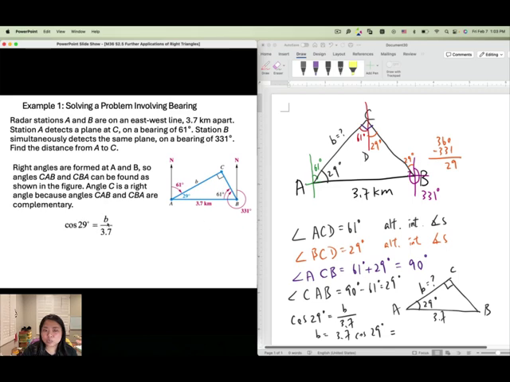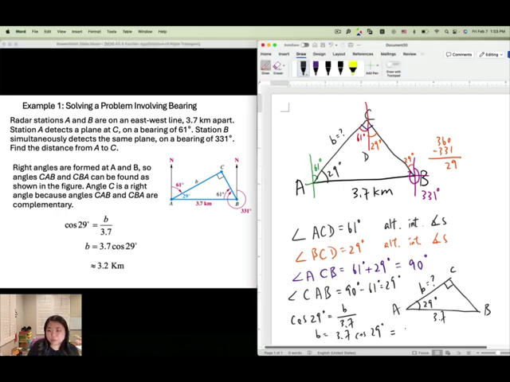Cosine 29 degrees equals b over 3.7. You should get 3.2 kilometers. And it makes sense, right? The longest side, the hypotenuse, is 3.7, and this side is about 3.2.